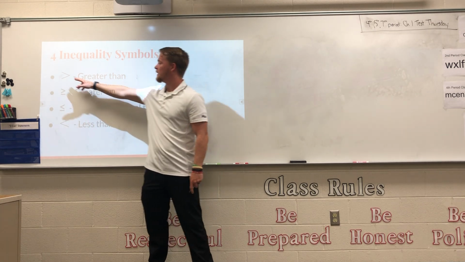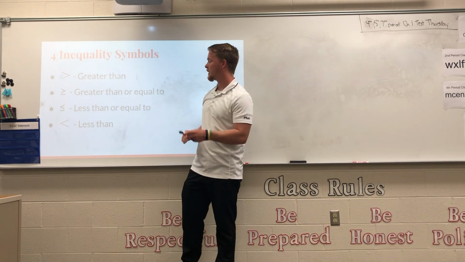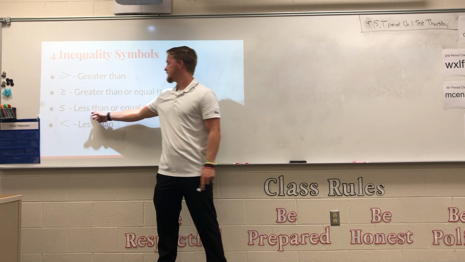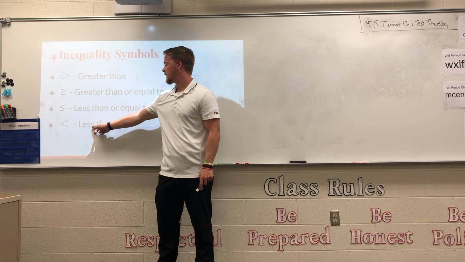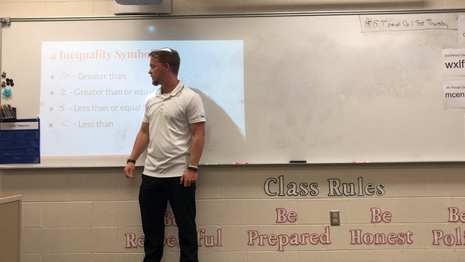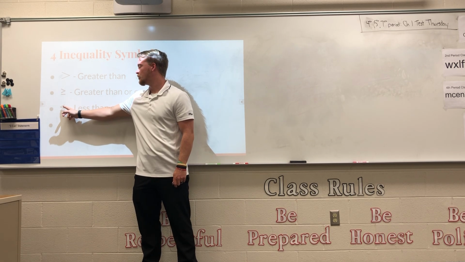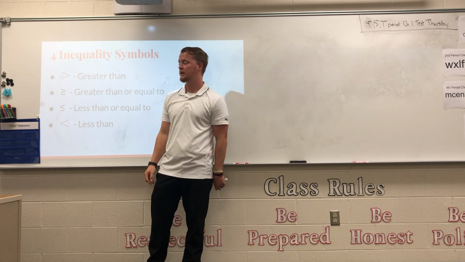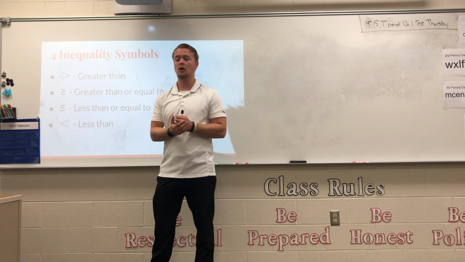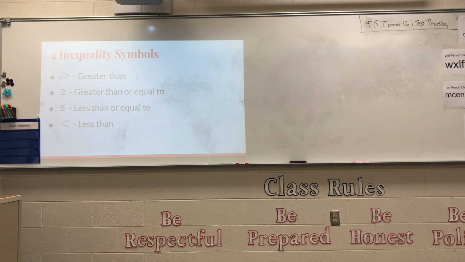Okay, so if it has the greater than symbol with a one line underneath it, that is a greater than or equal to, less than or equal to, and less than. Okay, so again, less than is your arrow pointing to the left, and less than or equal to has the single line underneath to indicate that it is also equal to. So it could be less than or equal to.